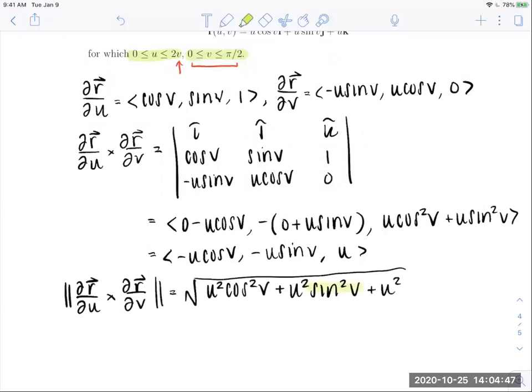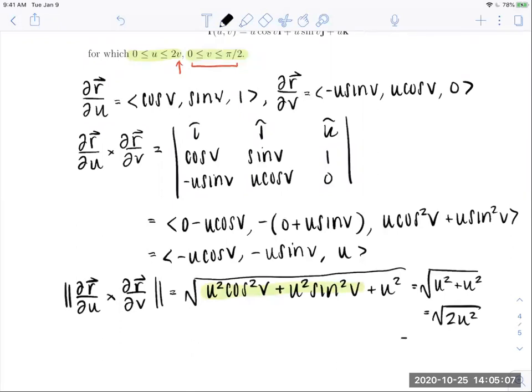Again, these first two terms, you could factor out a u squared, and the cosine squared plus sine squared is 1. So this becomes the square root of u squared plus u squared, which is the square root of 2u squared.